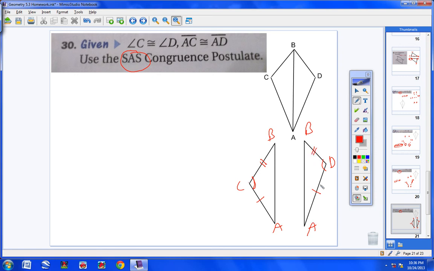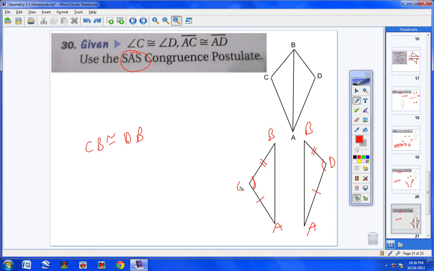That would be side, angle, side. So what I'm missing is CB congruent to DB, which is this side here congruent to this side here, okay? And that's what we would need to know to use side, angle, side.